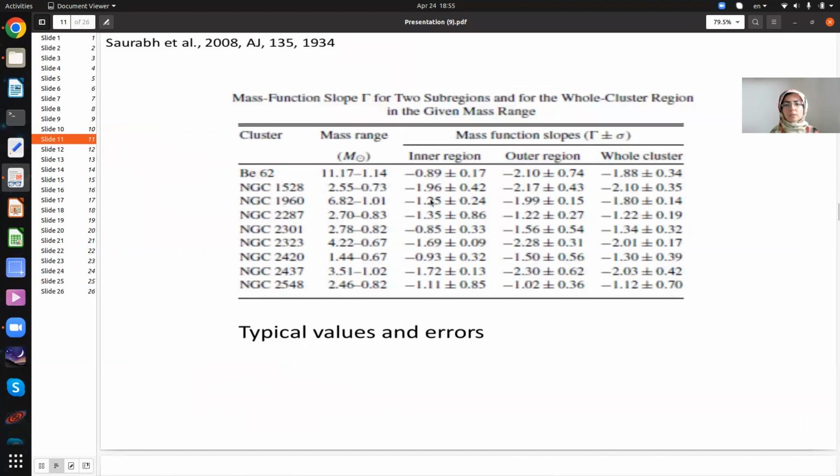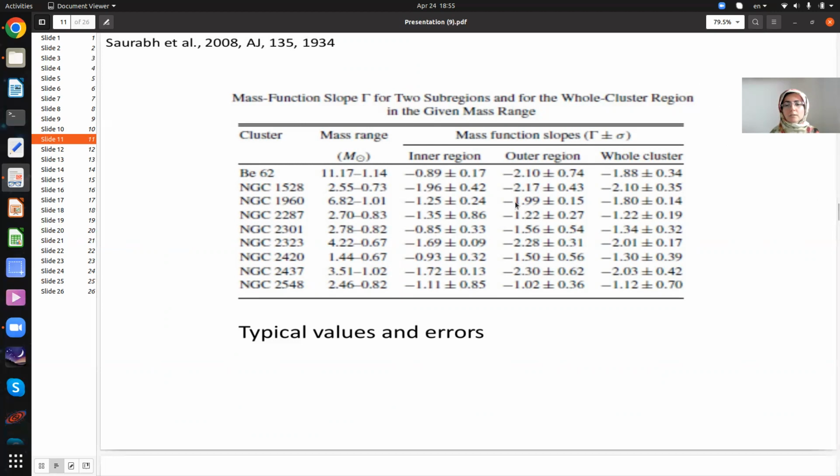They try to measure the mass function slope gamma for two subregions and for the whole cluster region in the given mass range. For example, they assume a cluster, the core or inner region, a circle near the center, and then the outer region or the whole cluster.